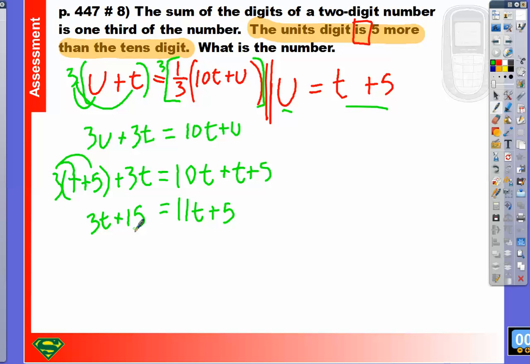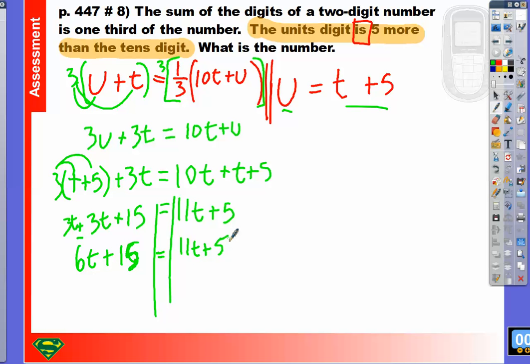So what will I do to get the t's by itself? Subtract 3t. Oh my goodness, you're right. Thank you. So 3t plus 3t is? Yeah. I heard you say 60, so I start writing a 6. Brilliant. It's equal to 11t plus 5.